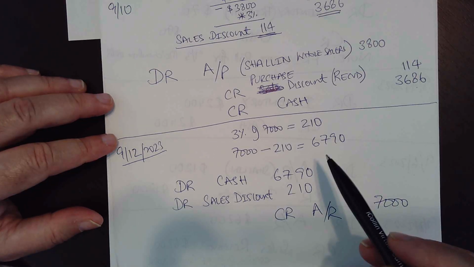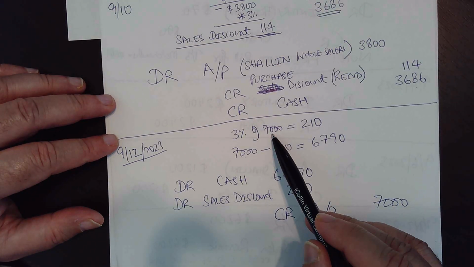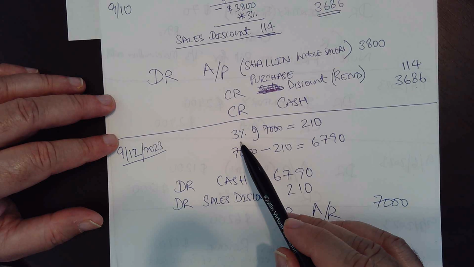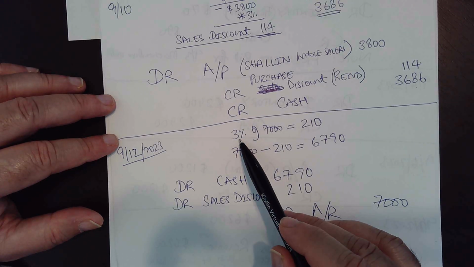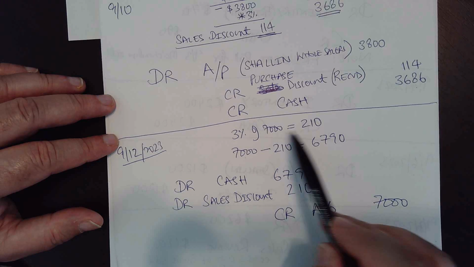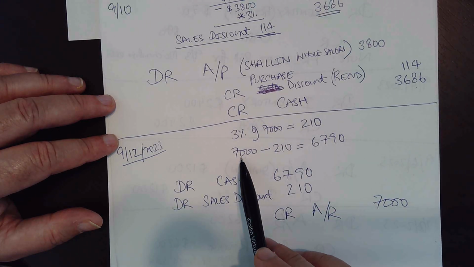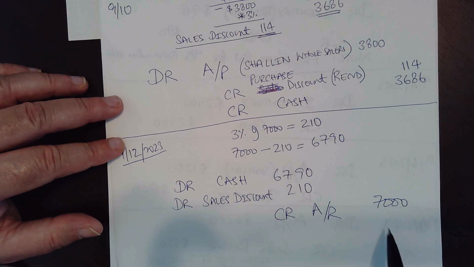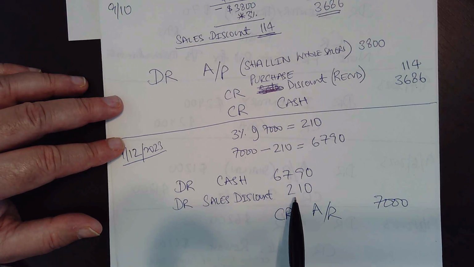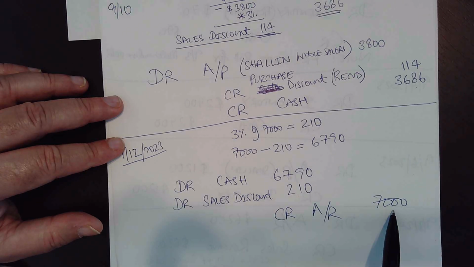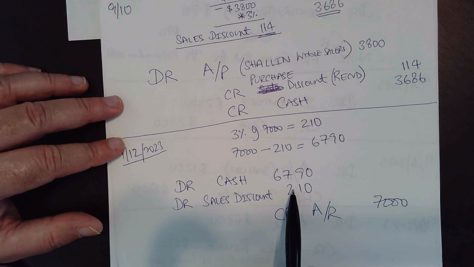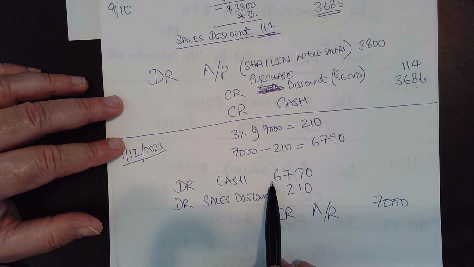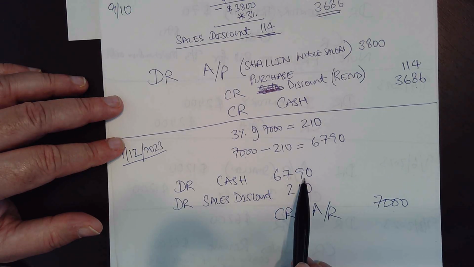So they purchased from us $7,000 worth of merchandise, and they are paying back within a week. They have 15 days to pay. So they earned a 3% discount on $7,000, which is $210. So we subtract $210 from 7,000, which is 6,790. Our claim on them was $7,000. So accounts receivable is like a claim. They earned the discount of $210, so they don't have to pay the total $7,000. They subtract the $210 and they send us a check or cash for $6,790.